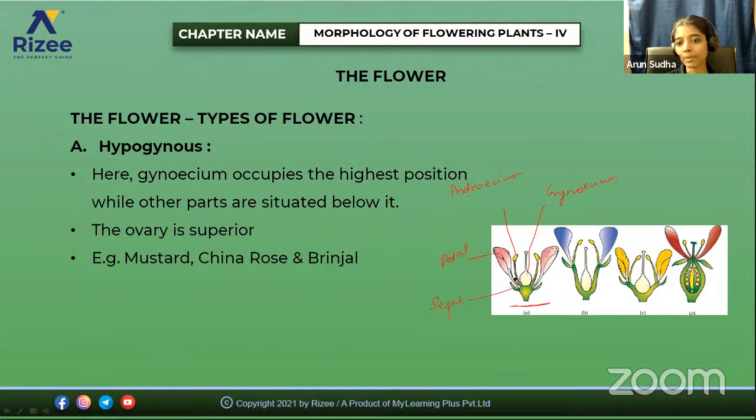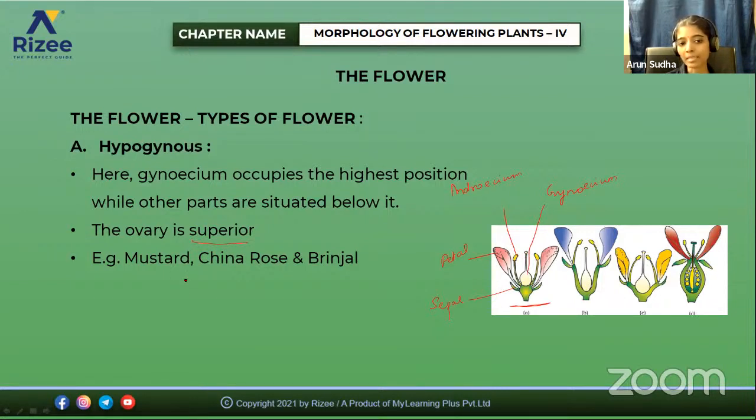When compared to all these whorls, the gynoecium occupies the highest position, while the other parts are situated below it. So it is called hypogynous, and the ovary here is said to be a superior ovary because the ovary is in the superior position, above all the other whorls.